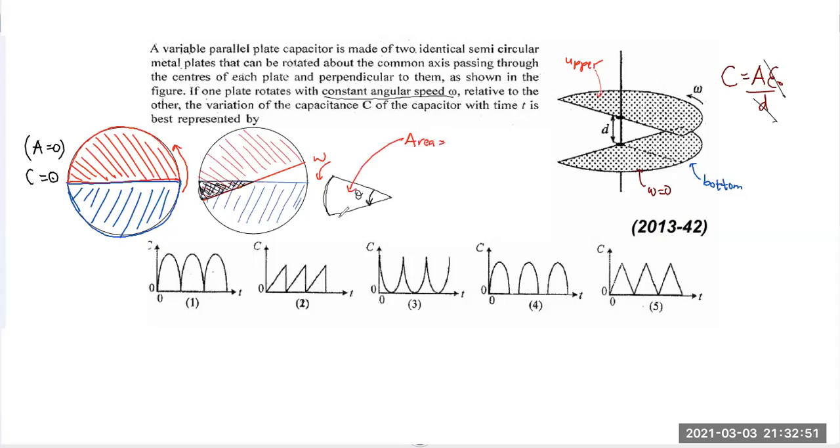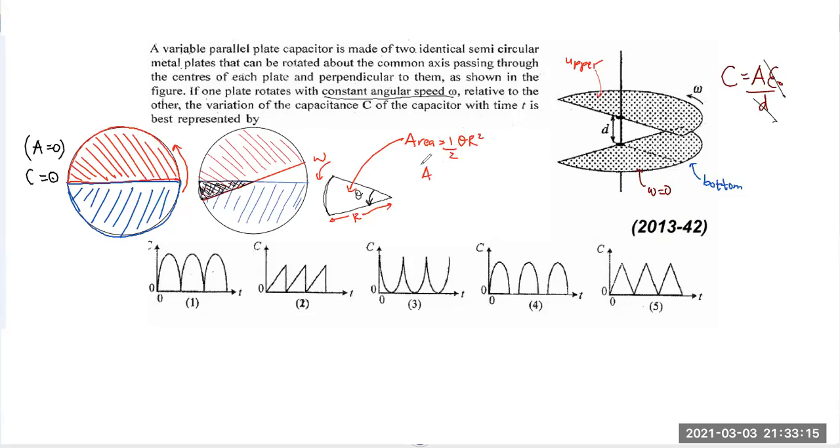Let's take the radius as capital R. The area of a sector, I hope you can remember from O level, is given by half theta r square. That is the area of a sector. Now, can we write another equation for theta?